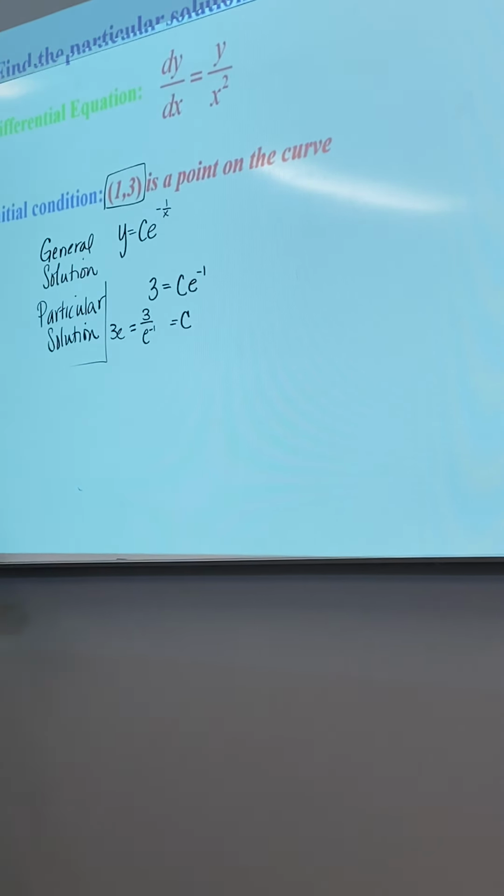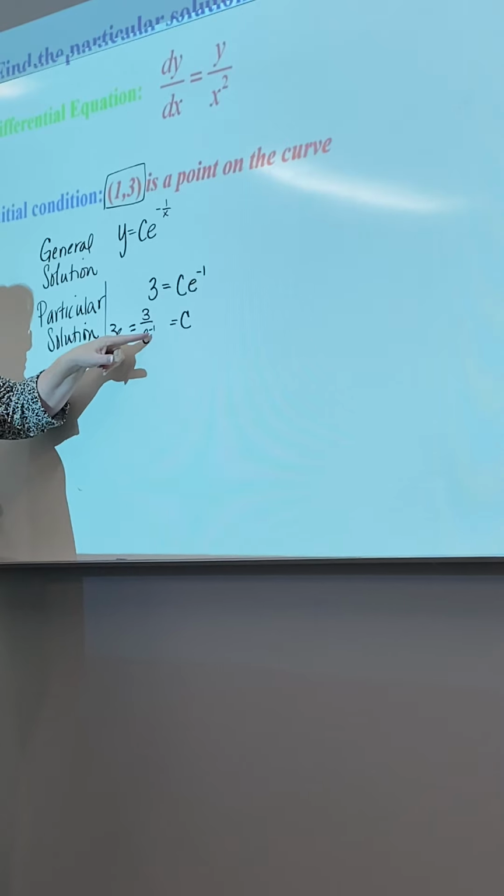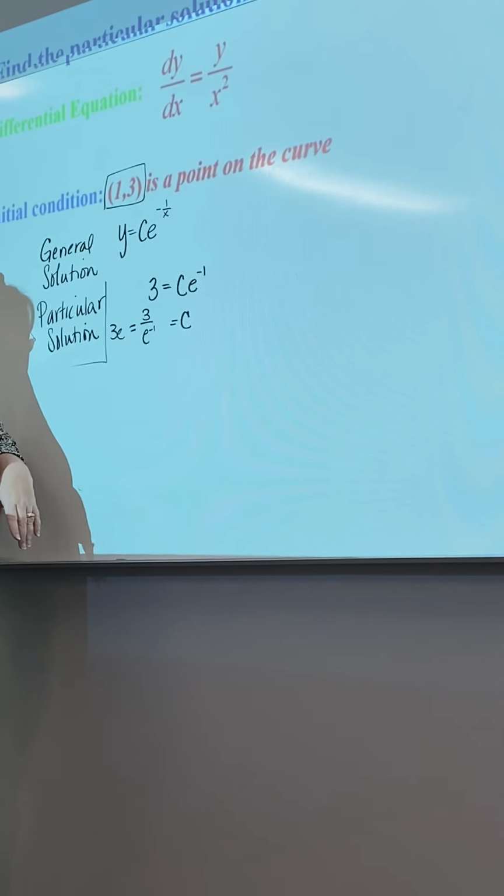I moved the e to the negative 1 back to the top, made it a positive exponent. Okay, that's not my answer. That's just the value of c. So I need to go back and write the equation. I divided by e to the negative 1, and then I just moved that from the bottom to the top to get rid of the negative exponent.